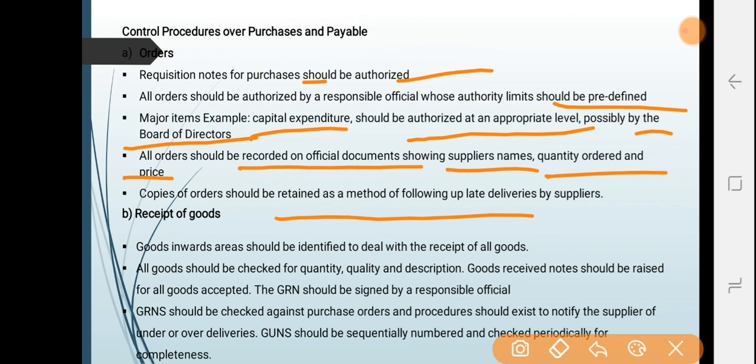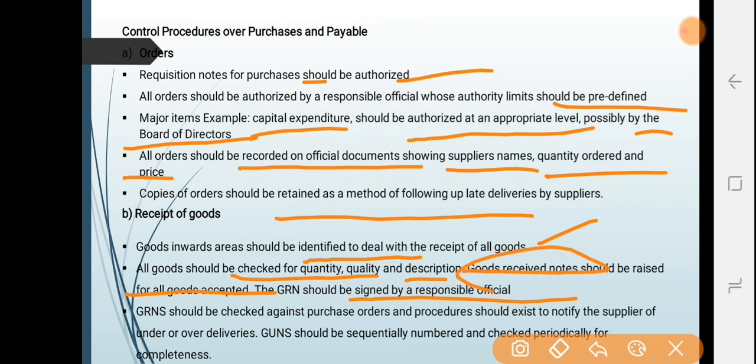When it comes to receipt of goods inwards, an area should be identified to deal with the receipt of all goods. All goods should be checked for quality, quantity, and descriptions. Goods received notes should be raised for all goods accepted. The GRN should be signed by a responsible official. A GRN is nothing but a goods received note.